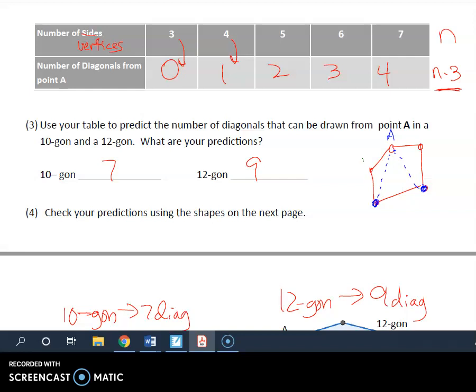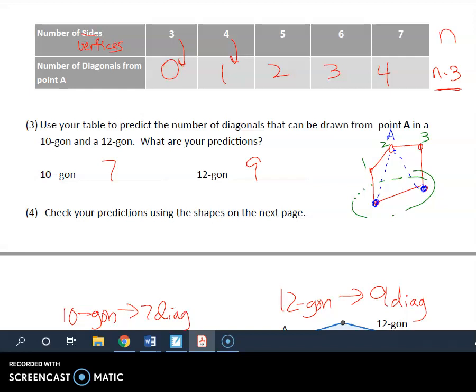But every time I do that, 3 vertices are never used, because those 3 vertices are already connected to A as sides. And so the number of diagonals you're actually drawing is always going to be 3 less than the number of sides, because 3 of the points are never going to be used.